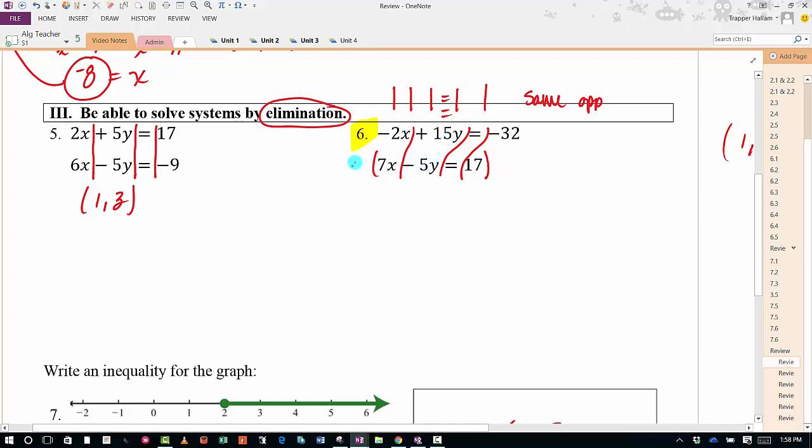And well, it's already negative, so I'm going to multiply everything by 3. So all three terms are going to get multiplied by 3, so I'm going to rewrite the equation here. So 3 times 7 is 21x. 3 times negative 5, there's that negative 15y that I'm looking for, equals 3 times 17, which equals 51.